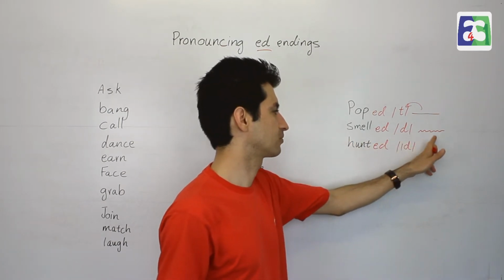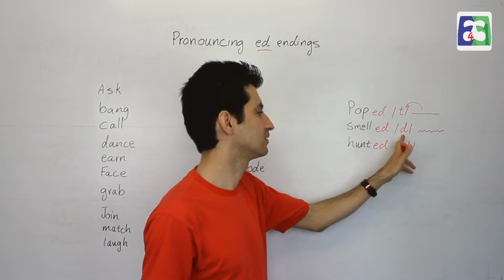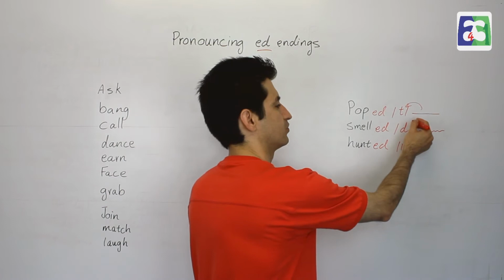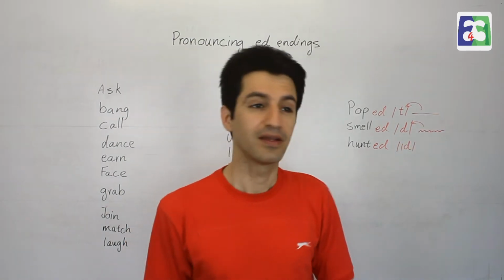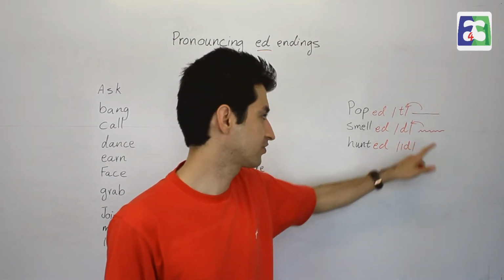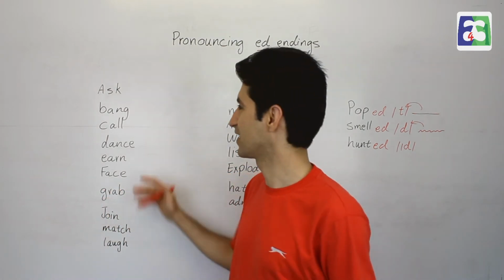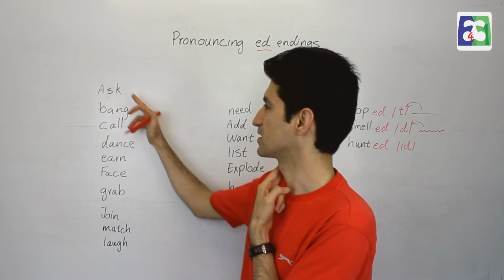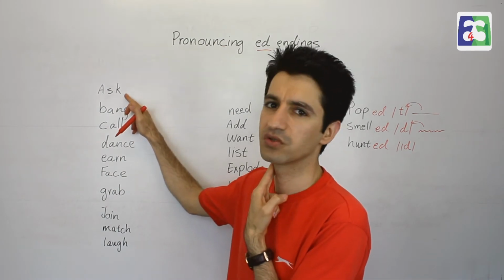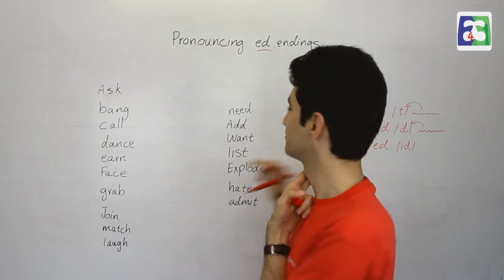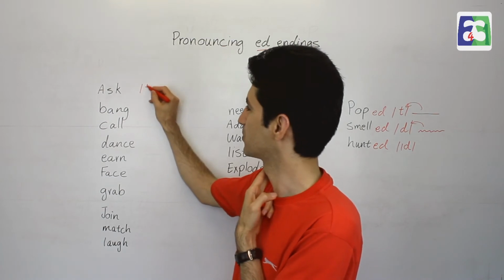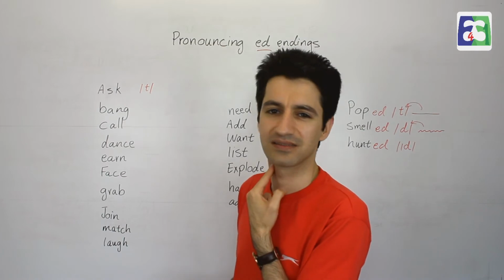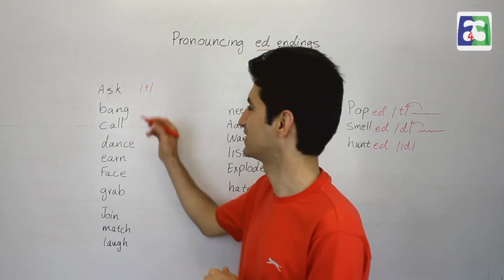The ones that vibrate, ed after the last letter should be pronounced this way, d. Now, trying with this formula, let's check these out. Ask, ask. There is no vibration. So this is going to be pronounced as t. Asked, asked. T, okay, not d.